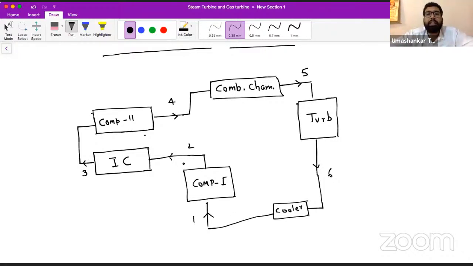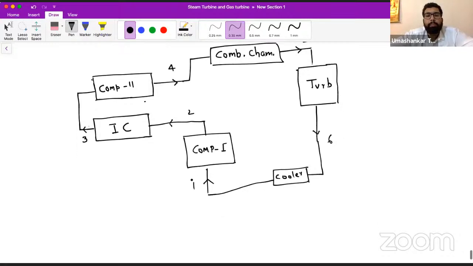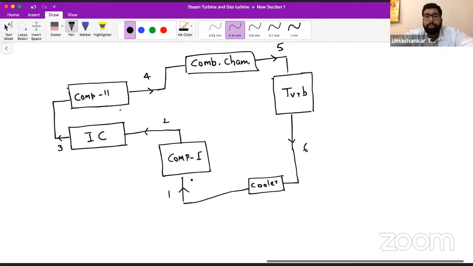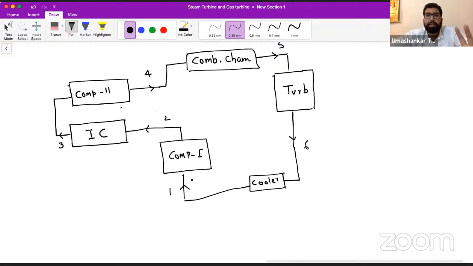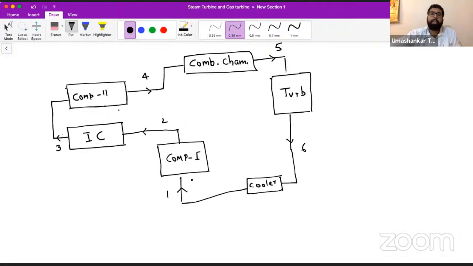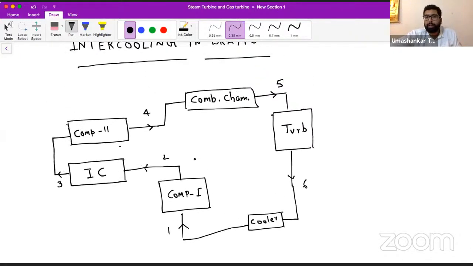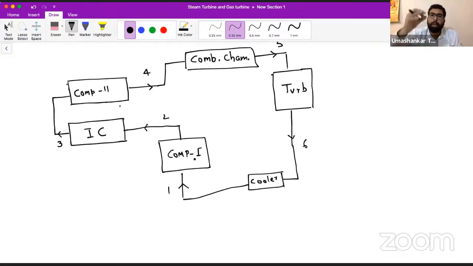We are considering this cooler for the sake of making the PV diagram and TS diagram. Why are we doing so? Because generally the gas turbine cycle is an open cycle, but for the sake of making the TS and PV diagram, we are considering it as a closed cycle.